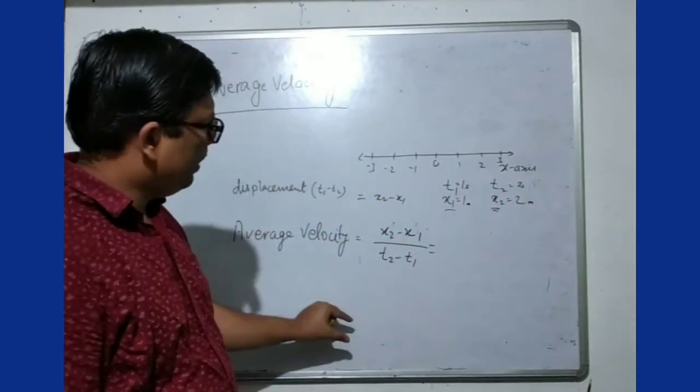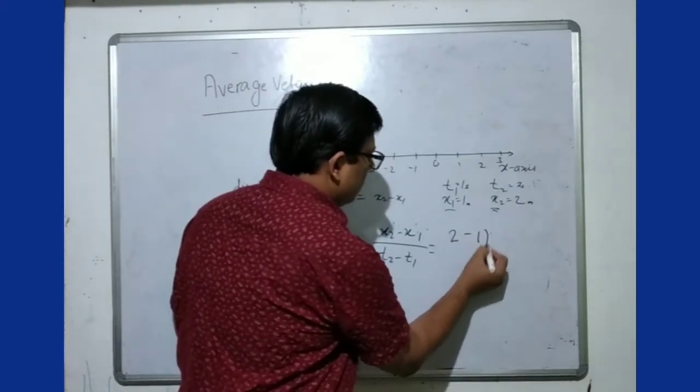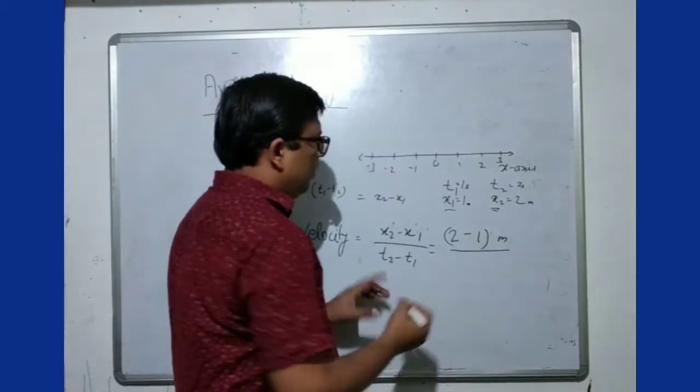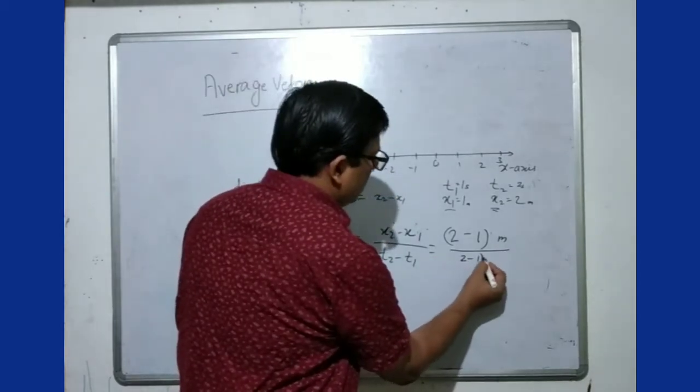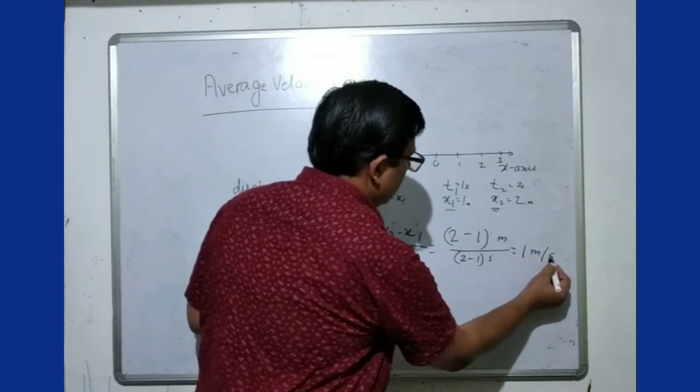So x2 minus x1 means 2 minus 1 meter, upon t2 minus t1, which is 2 minus 1 second, that means 1 meter per second.